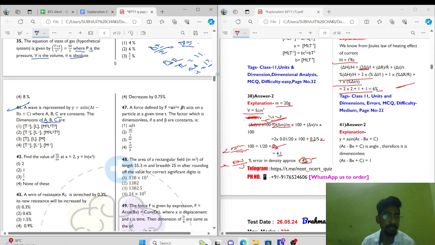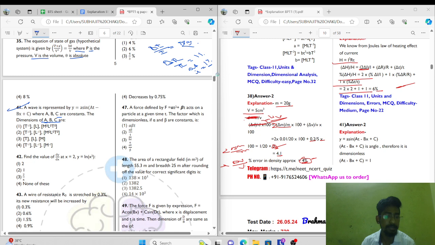Question number 42. This is from the basic mathematics. dy by dx at x equals 2, for y equals ln x square. If you know that d by dx of ln x equals 1 by x, but here you have to apply the chain rule also, because there is x square there. So ln x square will give 1 by x square, but the derivative of x square will be 2x.